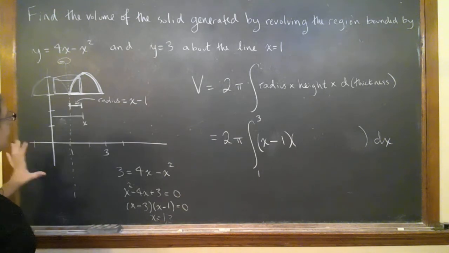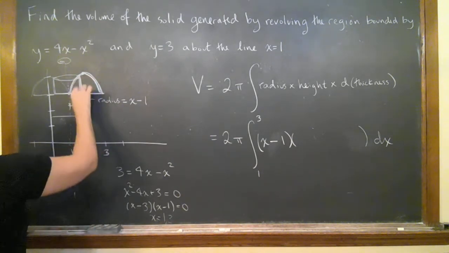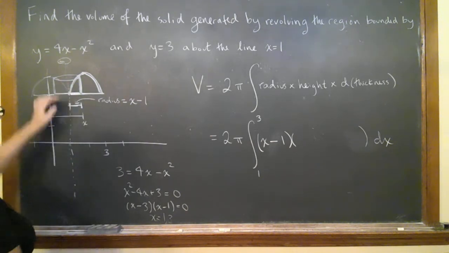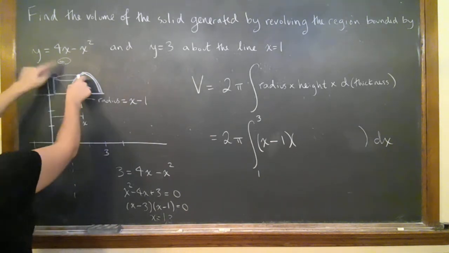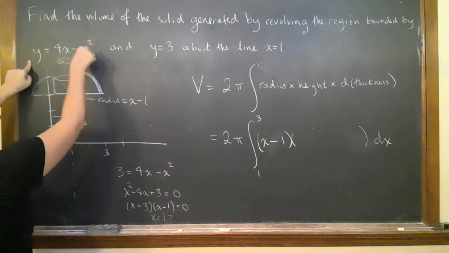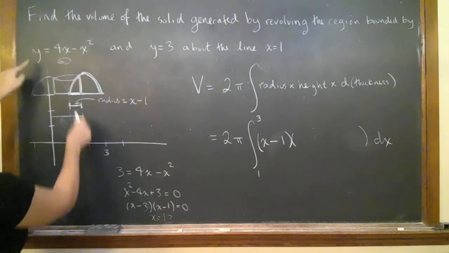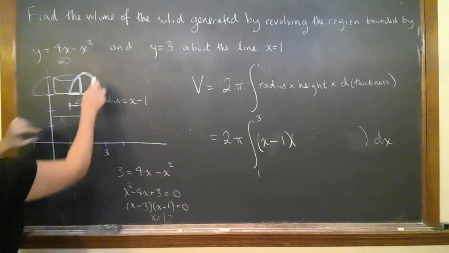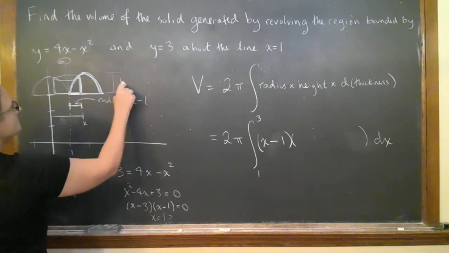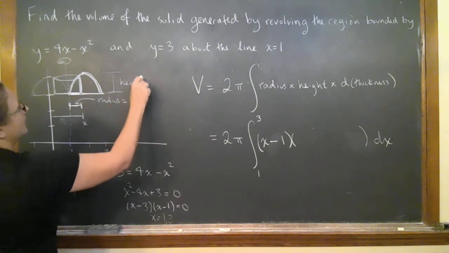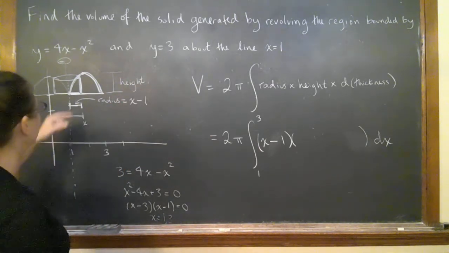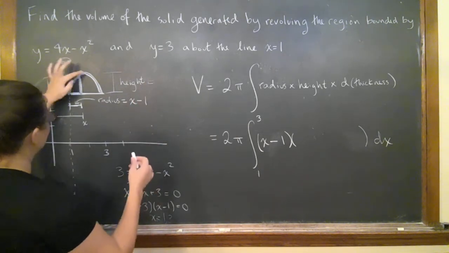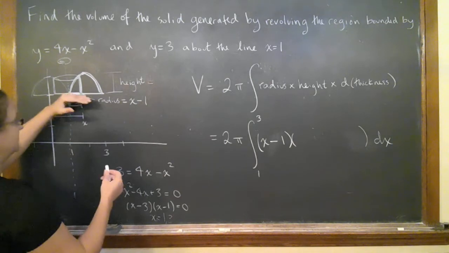Okay, the last thing I need to worry about is the height. Again, the height is going to be in the y direction. All the way up to this curve, y equals 4x minus x squared, but I don't want it to go all the way. I want to subtract off the 3. You can think about it as the height on the top minus the height on the bottom, or you can just think about it as I need that piece, but I'm subtracting the 3.